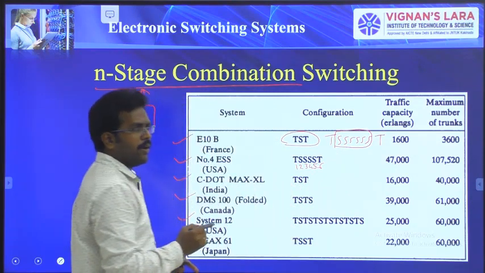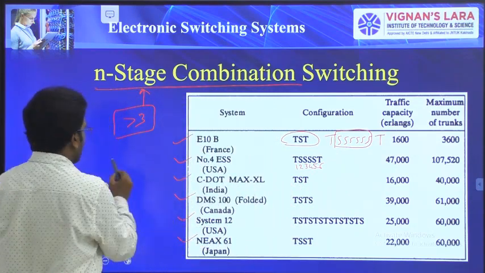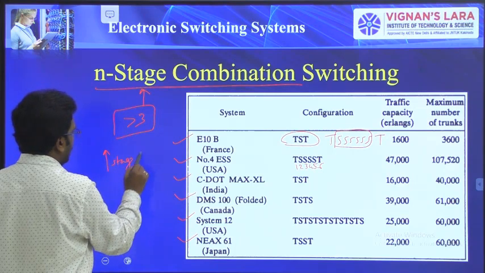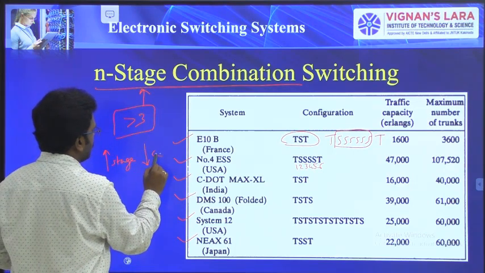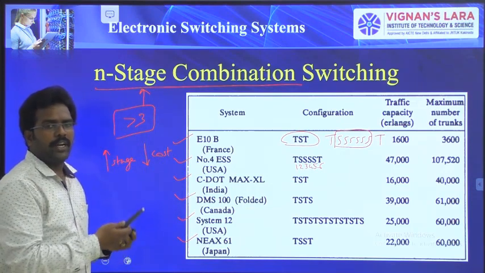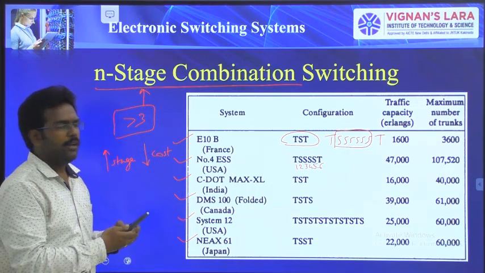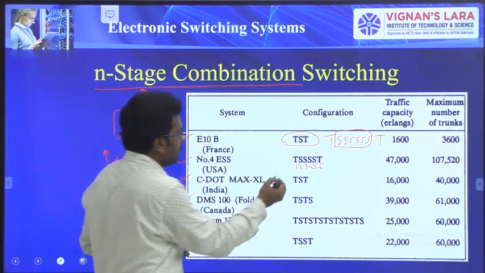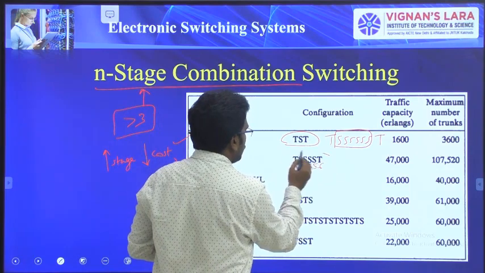One more point we understood in the previous classes is that increasing the number of stages reduces cost. That means as the number of stages increases, we can reduce the number of crosspoints, therefore we can reduce the cost of the system. Because of that reason, we are going for multiple stages.